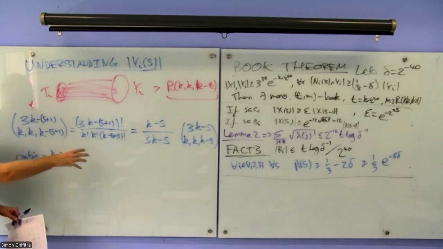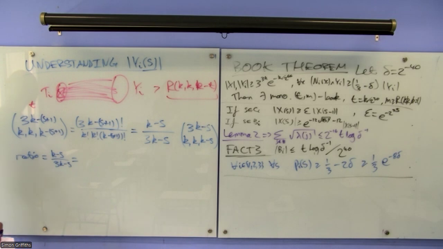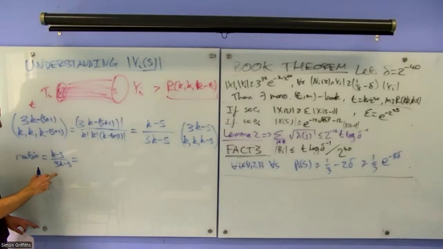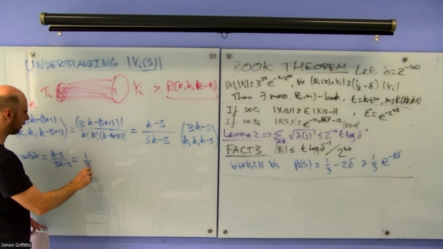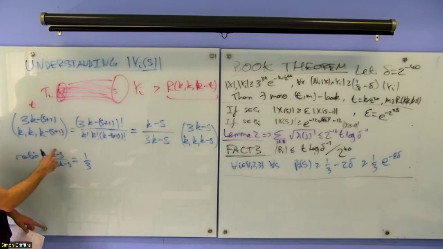If this was always exactly a third, then we would be losing. This is a little bit less than. And you could do that by thinking of this as a third, and then you could just multiply on top by 3, right? You'd have 3k minus 3s.